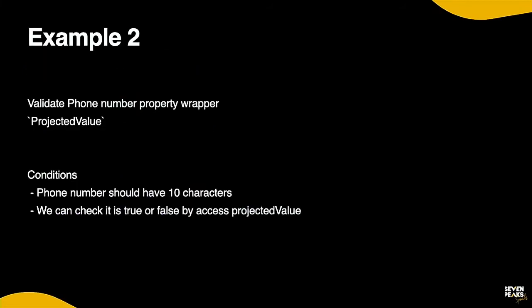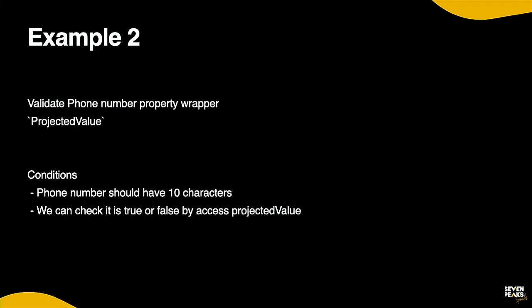And one more example, we're going to use projected value. You might have used it before from state. It has a projected value as well. We can access projected value by using the $ sign as a prefix. So what is projected value?